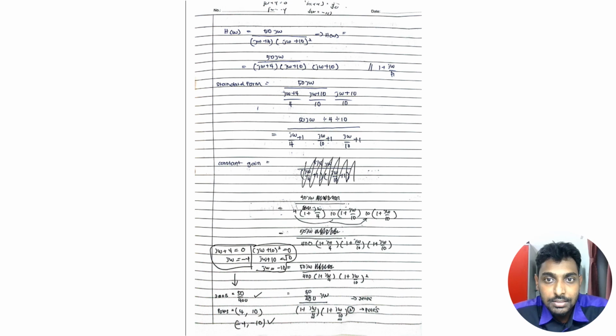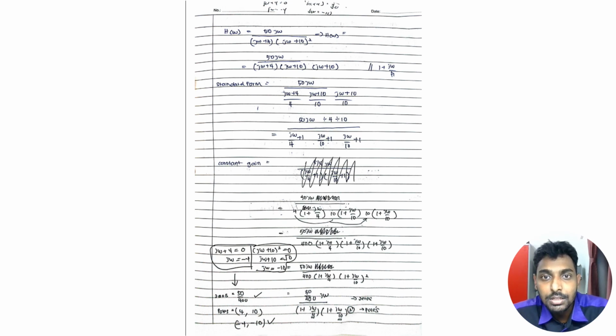To convert to the standard form 1 plus jω divided by p1, I divide each of jω plus 4, jω plus 10 and jω plus 10 by their constant numbers: jω plus 4 divided by 4, jω plus 10 divided by 10, jω plus 10 divided by 10.